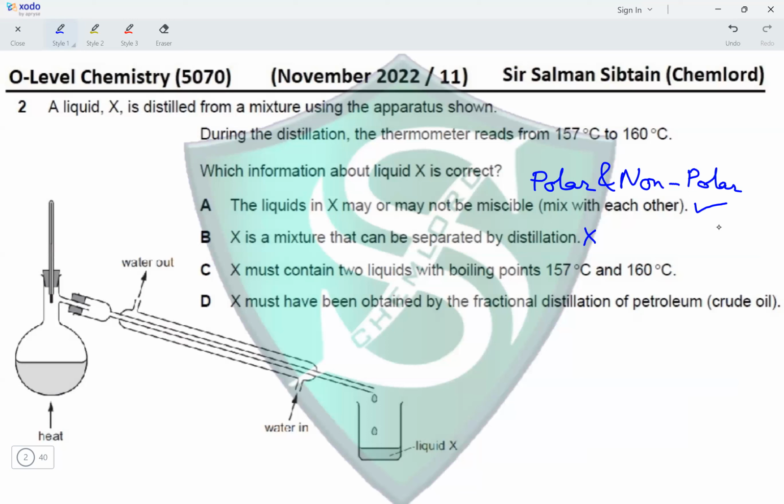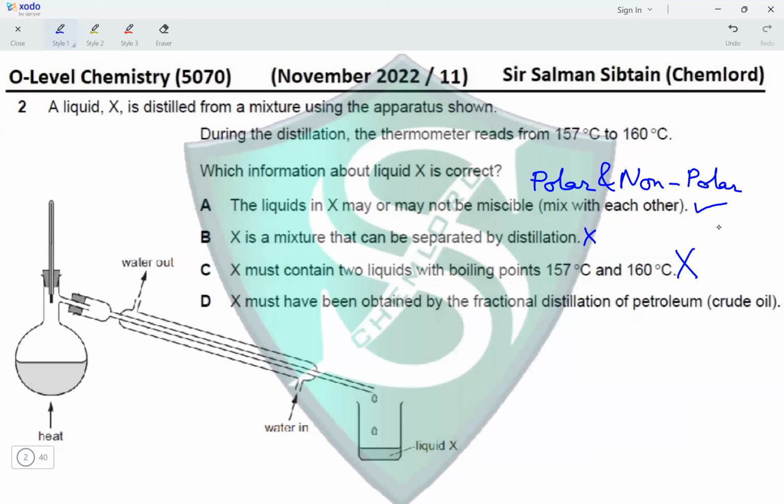C, X must contain two liquids with boiling points 157 degrees Celsius and 160 degrees Celsius. No, there is no evidence showing how many liquids are present in X and whether they have a specific boiling point of 157 and a specific boiling point of 160.